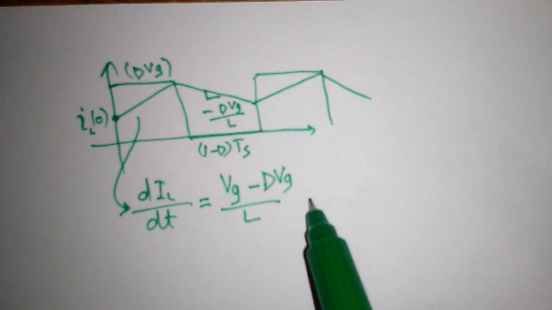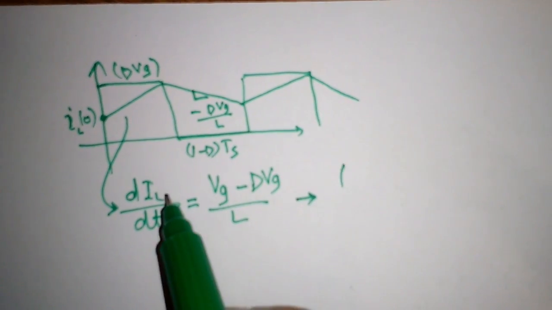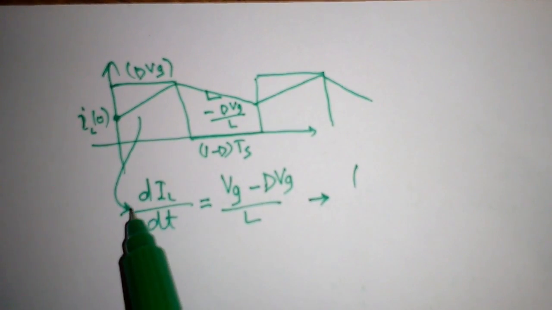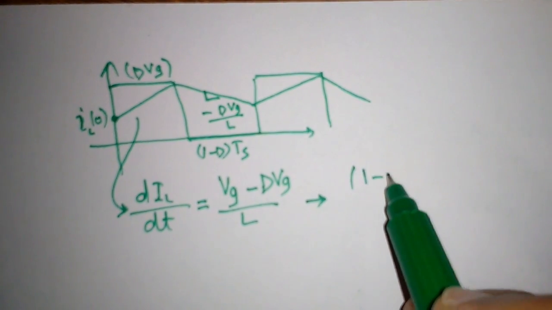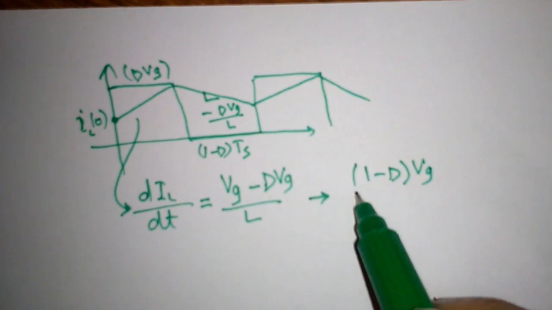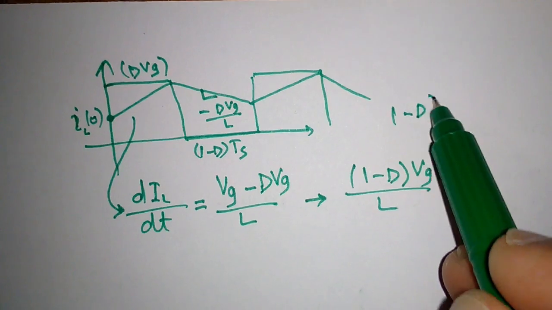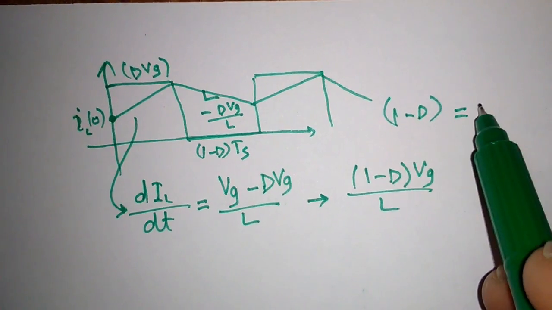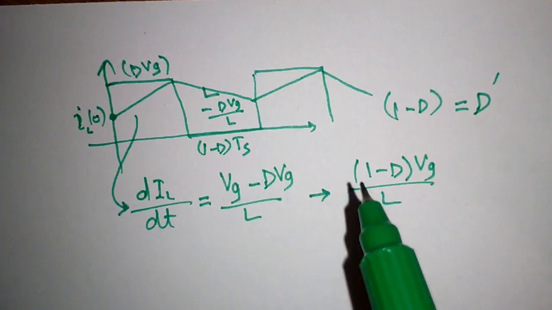From this equation we see that the derivative of inductor current with respect to time is equal to (1 minus d) Vg over L, and 1 minus d is actually equal to d prime. We just name it d prime.